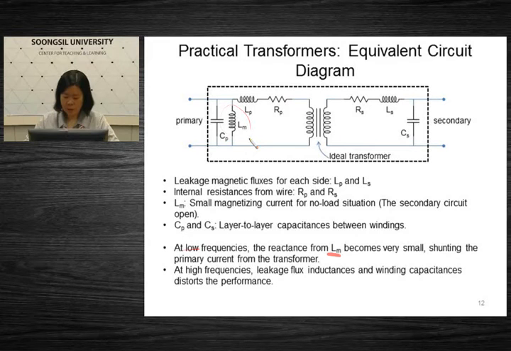So the current will go through this internal Lm instead of the secondary. And at high frequencies, Lp and Ls and Cp and Cs affect your circuit, so it can also be a problem. So you have to be very careful when you design your transformer, because you have this kind of secondary effects.